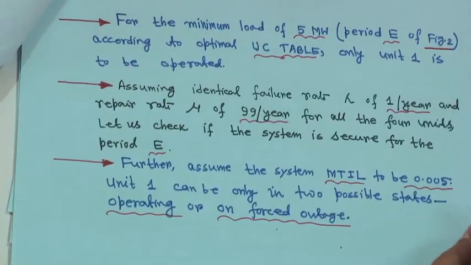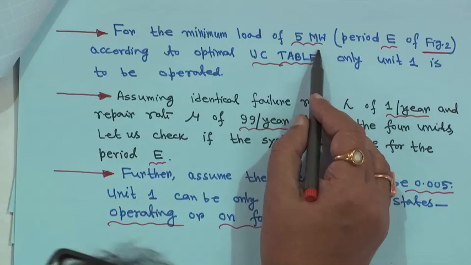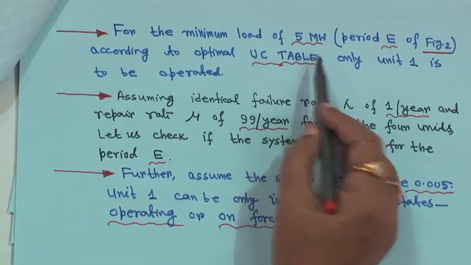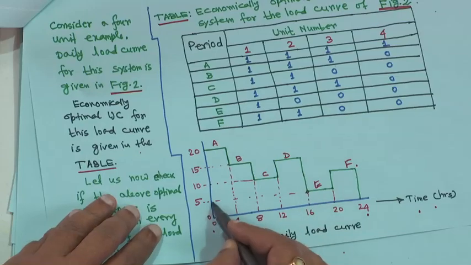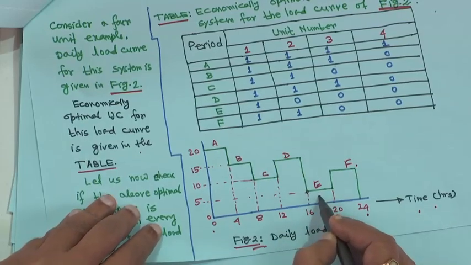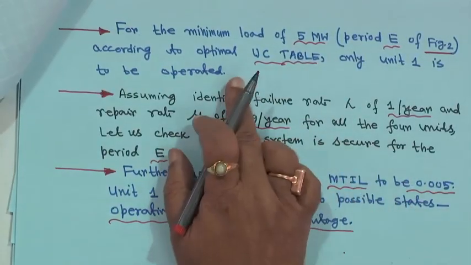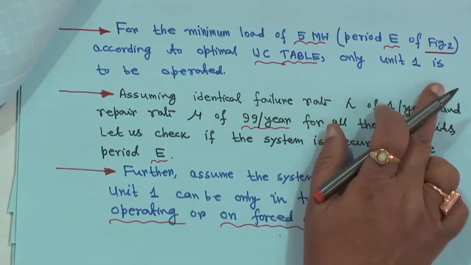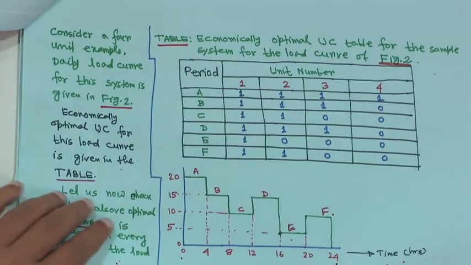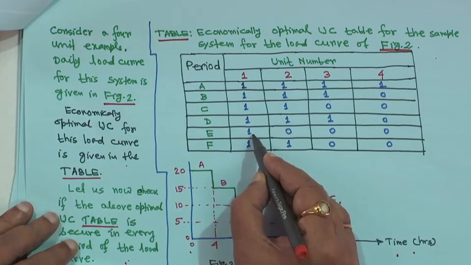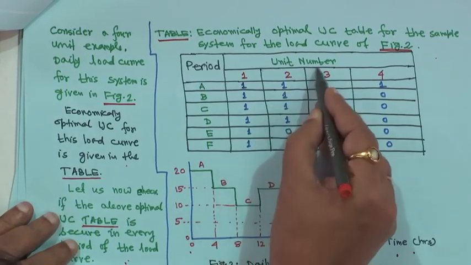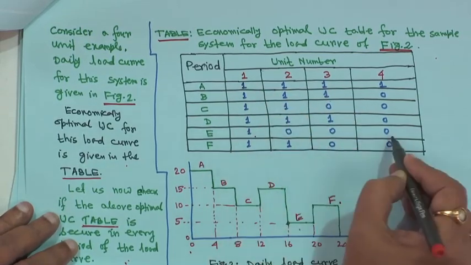For the minimum load of 5 megawatt, I will first check the minimum load period of figure 2. This is the minimum load, 5 megawatt. According to the optimal unit commitment table, only unit 1 is operated; the other units are off.